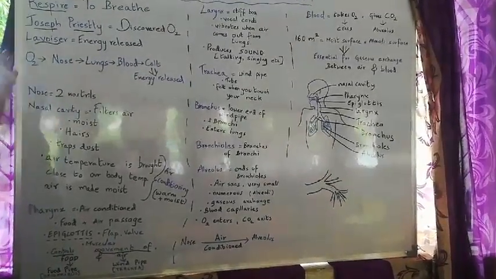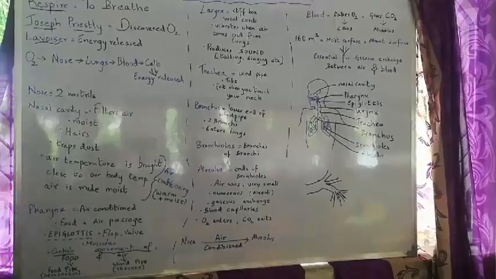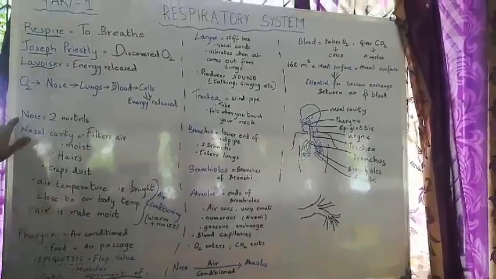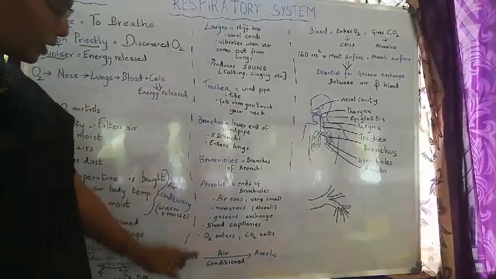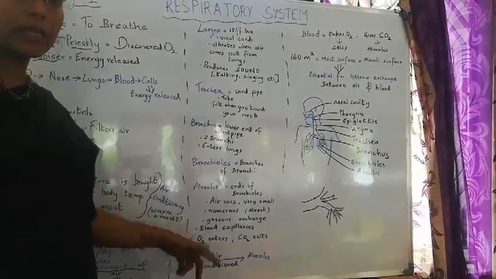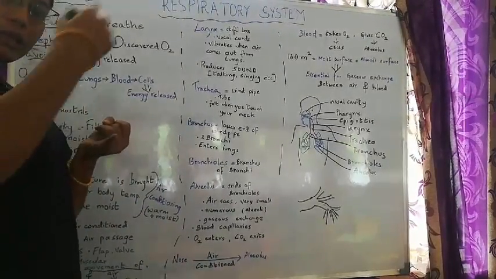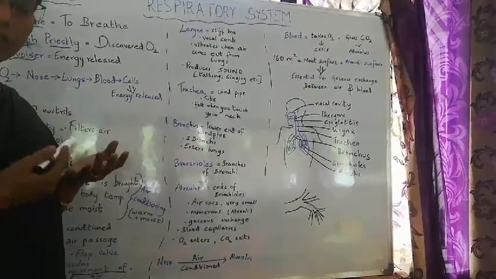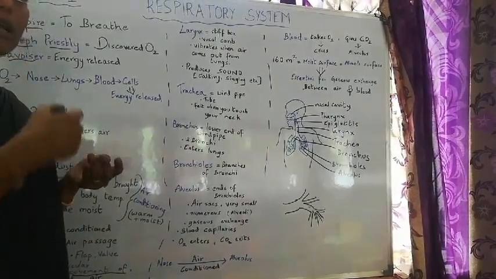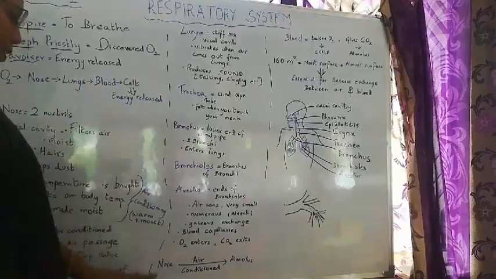The same pathway but in reverse. Now see, from nose till alveolus, in the whole pathway, air gets conditioned, meaning air gets warmer than the outside air and gets more moist compared to outside air.